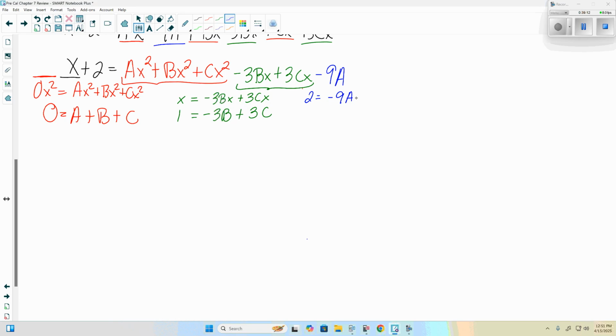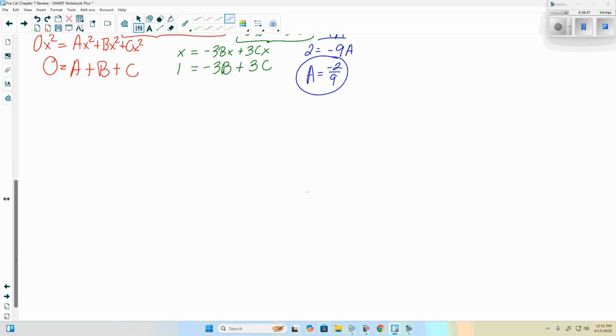And the terms without x, negative 9a should match up with our 2. Now the nice thing with a is already by itself. So negative 2/9.